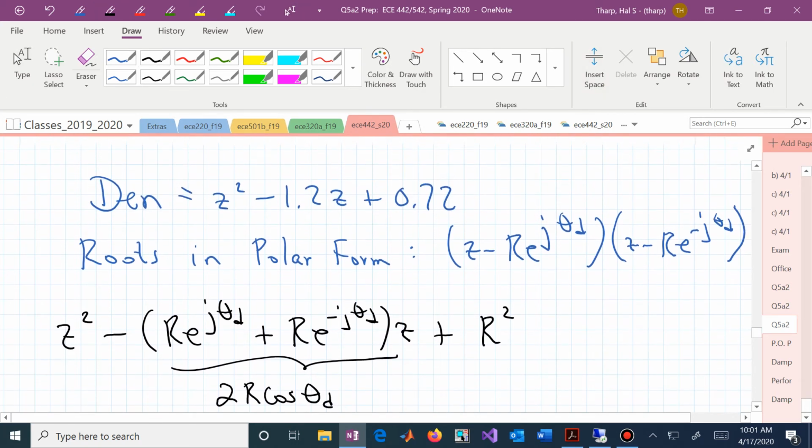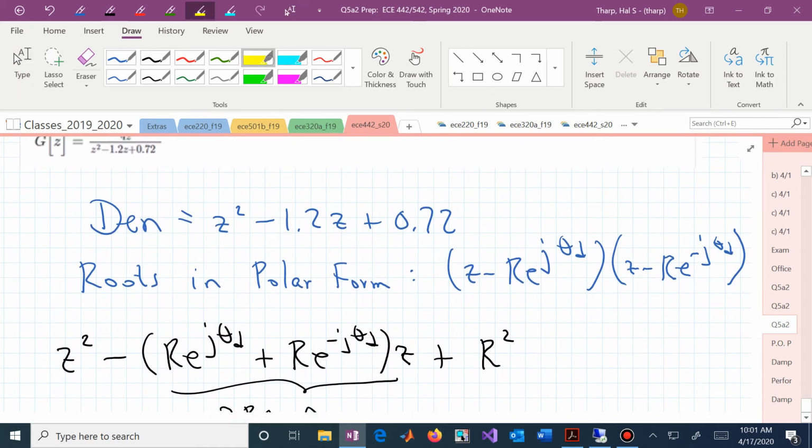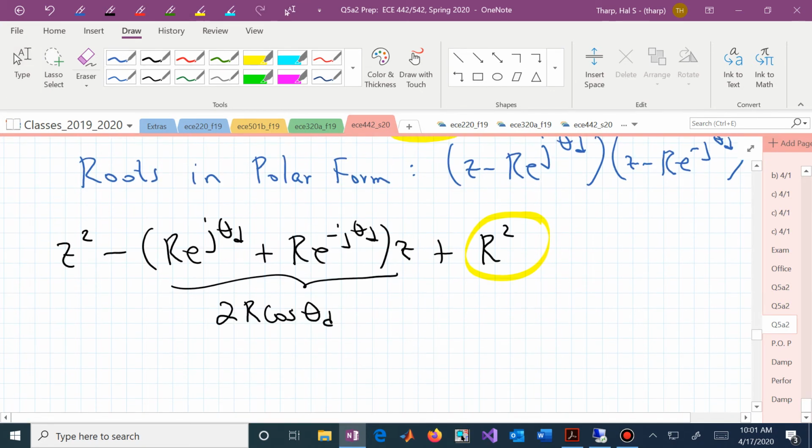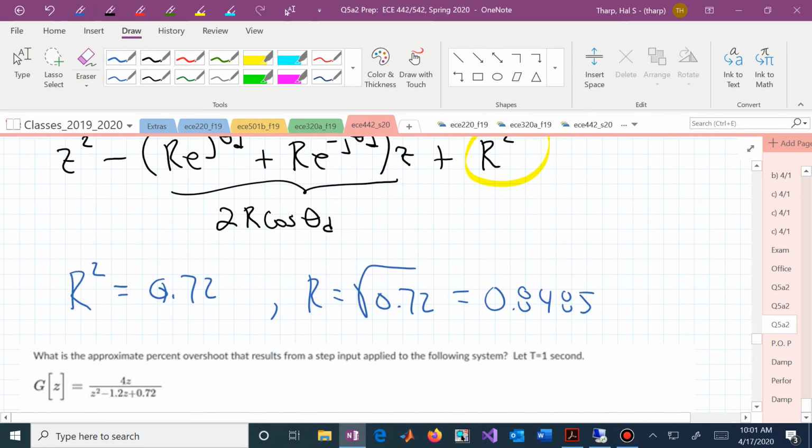By comparing this parameterized form of our denominator, we can hopefully see that r squared is 0.72. R squared, not r. We now know that r squared is 0.72. R is the square root of that, which is now 0.8485.